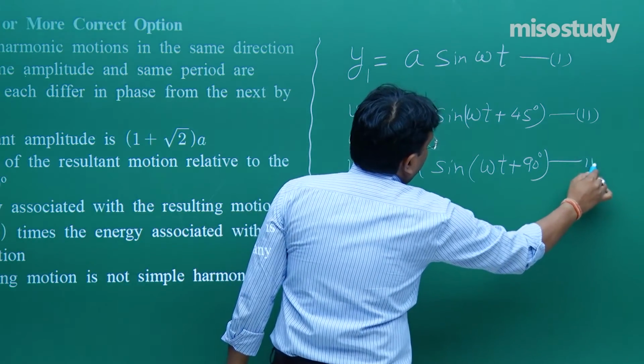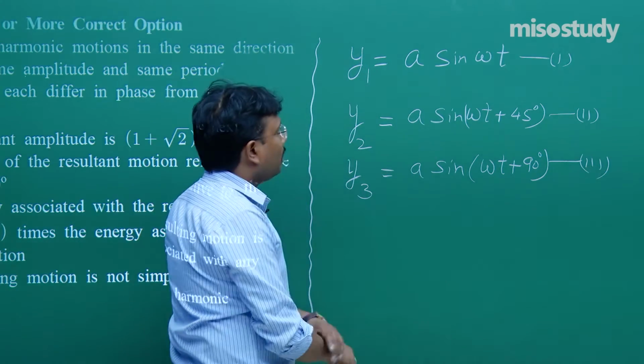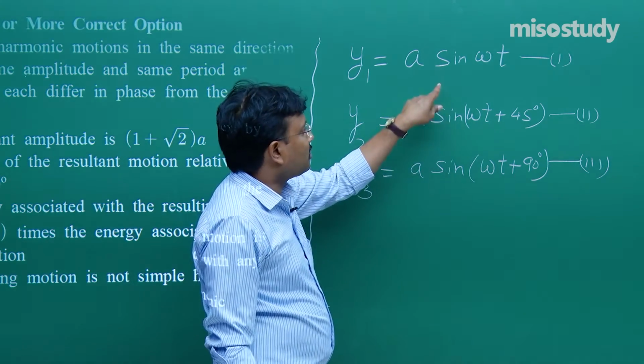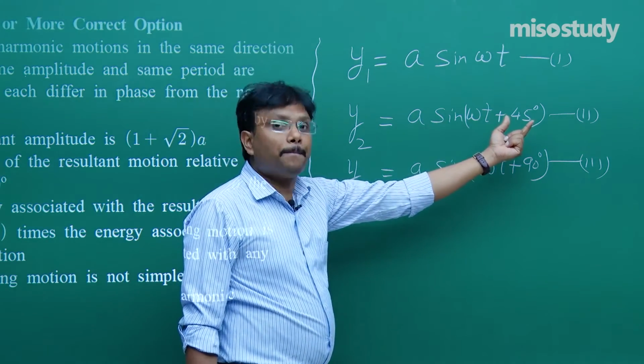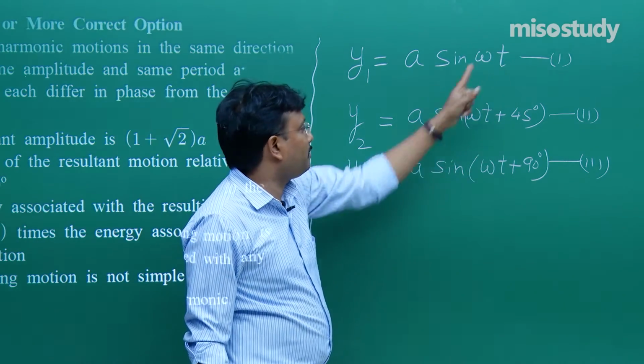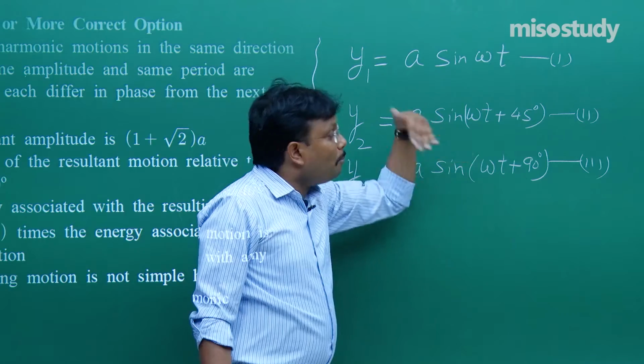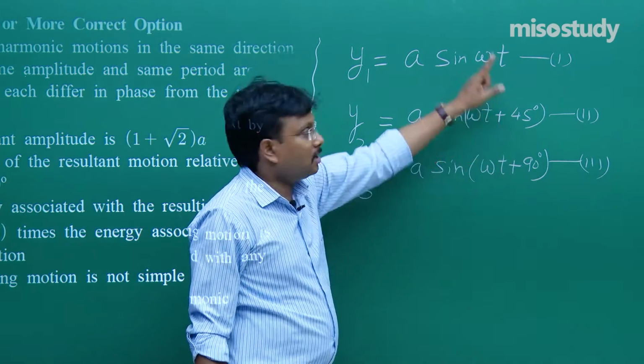I hope this is clear to everyone. First is this, second is similar to this but with phase difference 45 degrees or pi by 4 with the previous one. Third is everything similar but with phase difference 45 more from the second one, and so on.